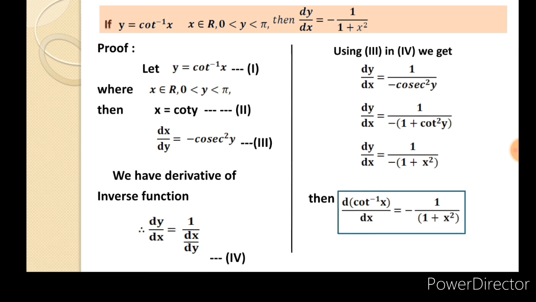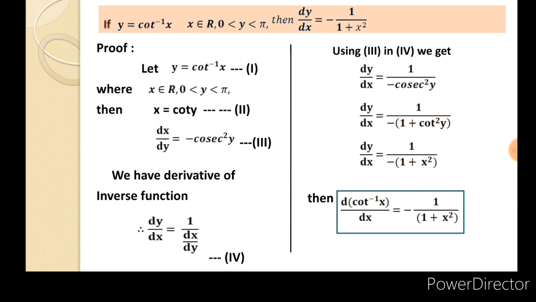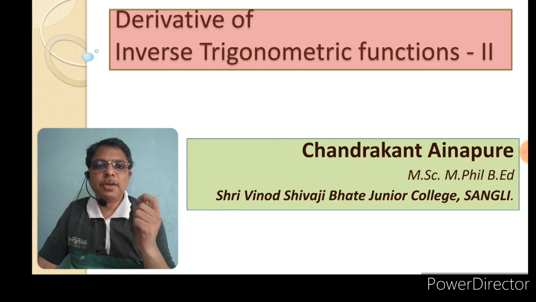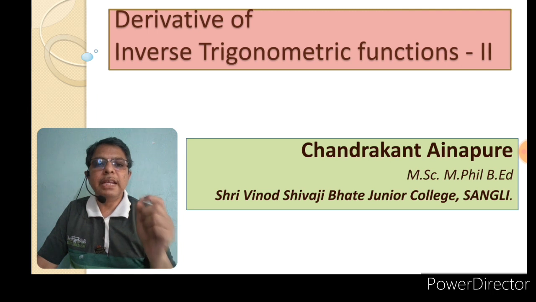This is by trigonometric identity, and cot y is equal to x from equation 2. So it is a very simple way to simplify it. dy by dx is equal to 1 upon minus 1 plus x square, and so the derivative of cot inverse x with respect to x is minus 1 upon 1 plus x square, and this is the answer. This is the derivation for the derivative of cot inverse x.